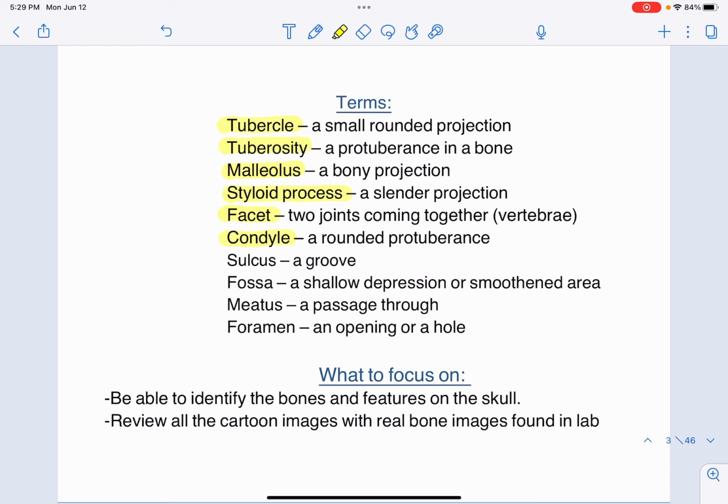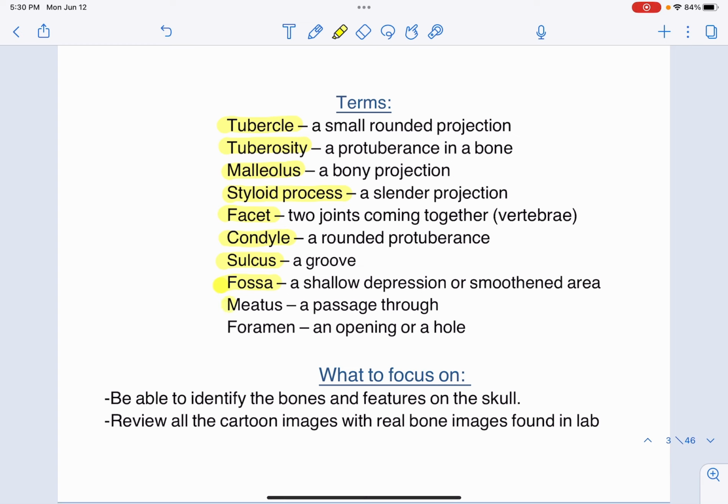And then we'll talk about a sulcus. You'll see it in the skull. We'll also come back to this term when we're talking about the brain, when we get to the nervous system. It is a groove. And then fossa, we'll see a lot of fossas. These are shallow depressions or smoothed areas within the bone.